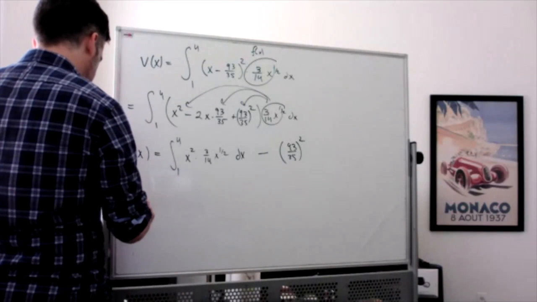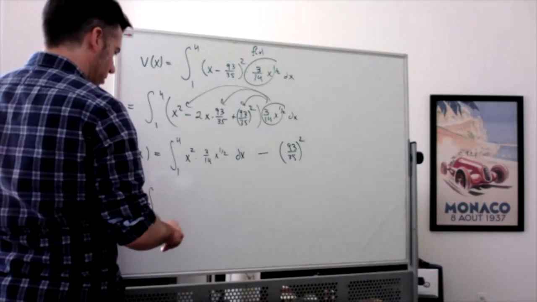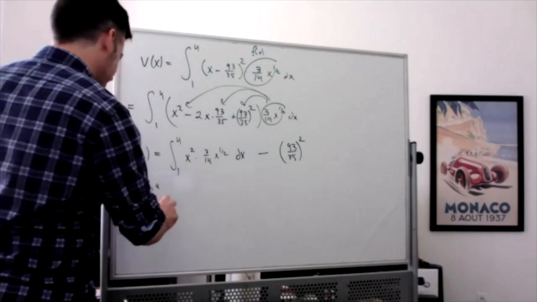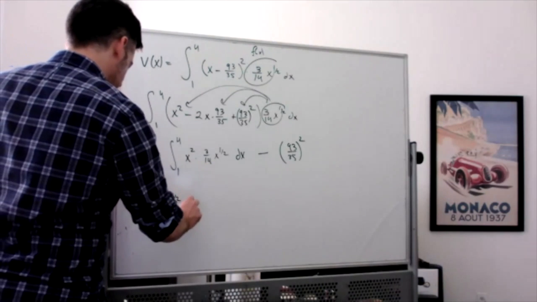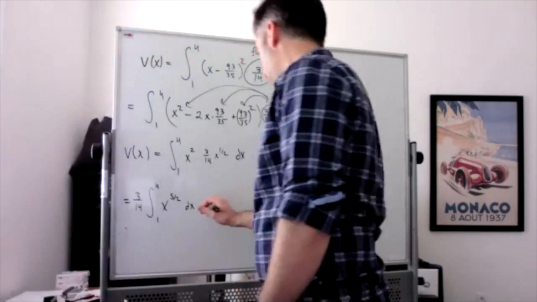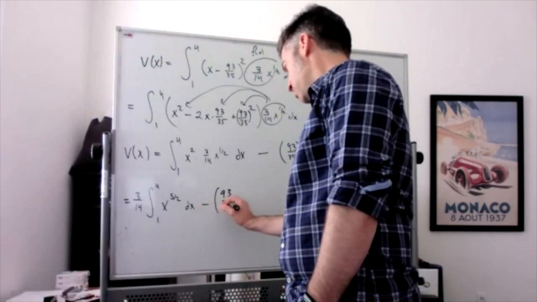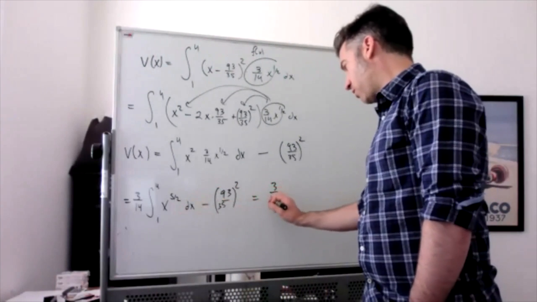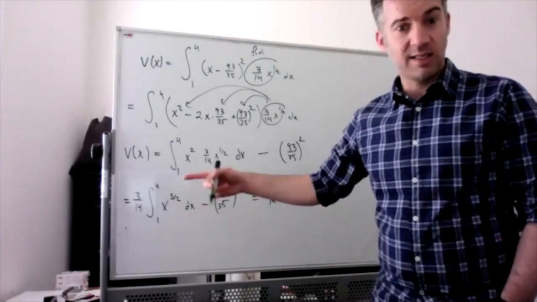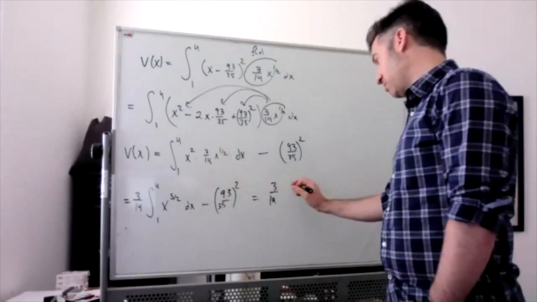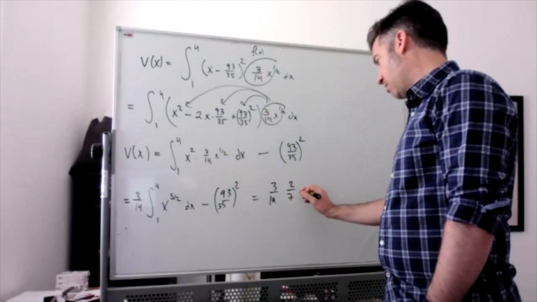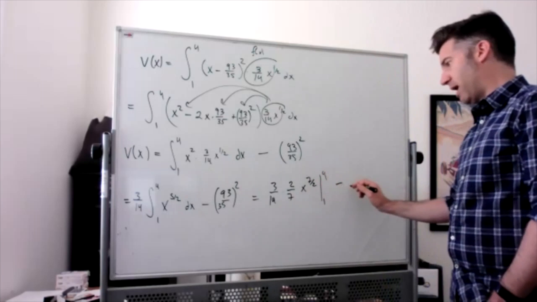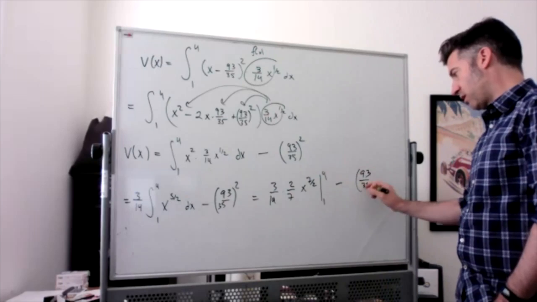So it's going to be 3/14 times the integral from 1 to 4 of x squared times x to the 1/2, which is x to the 5/2, minus that number over there. Then integrating this, you're going to end up getting 3/14 times x to the 7/2 divided by 7/2, so times 2/7, x to the 7/2 from 1 to 4 minus 93/35 squared.